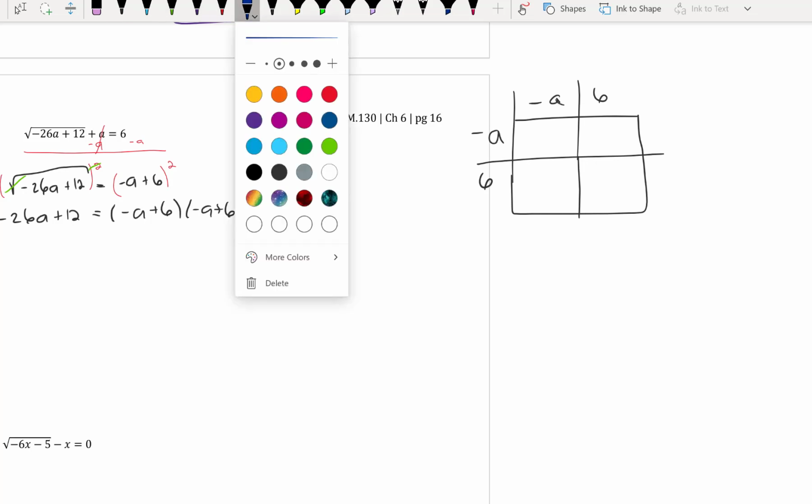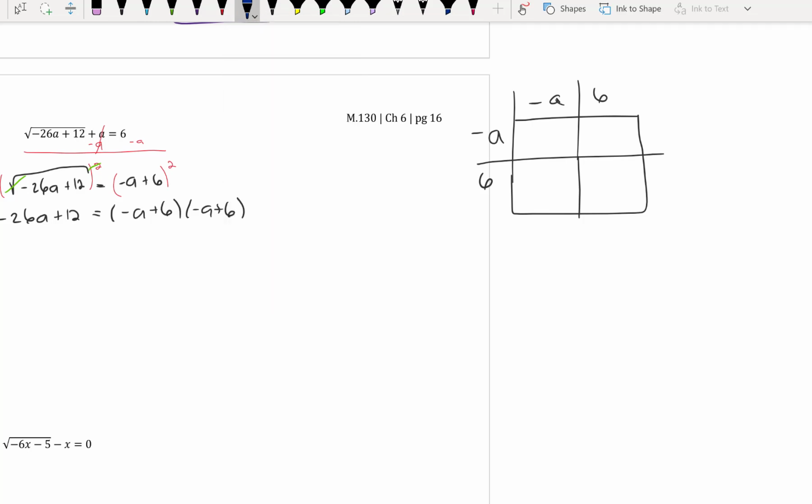So I'm going to get a positive a squared, and then -6a, -6a, and 6 times 6 is a positive 36. So I would have a squared minus 12a plus 36. And I got -12 by adding -6 and -6. That's how I got this -12a.